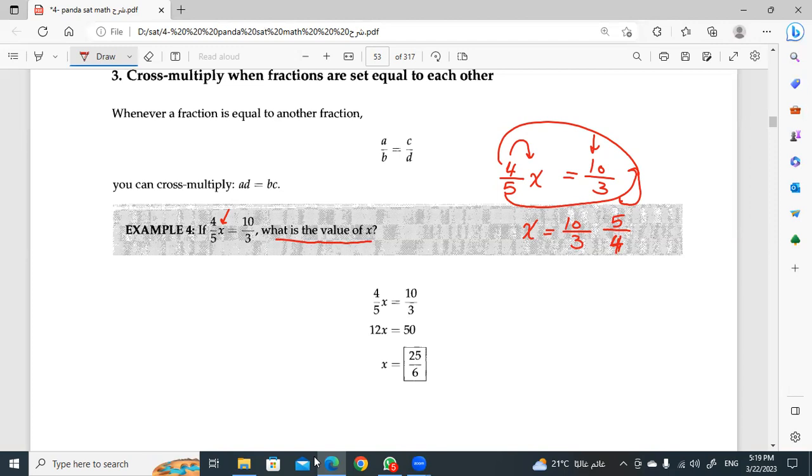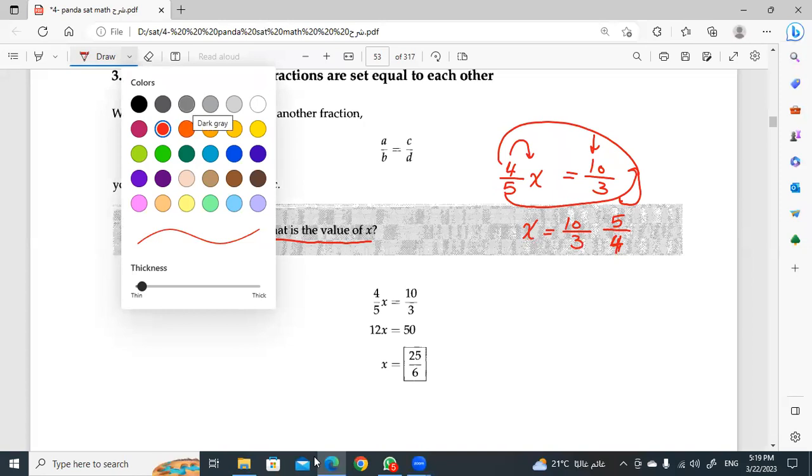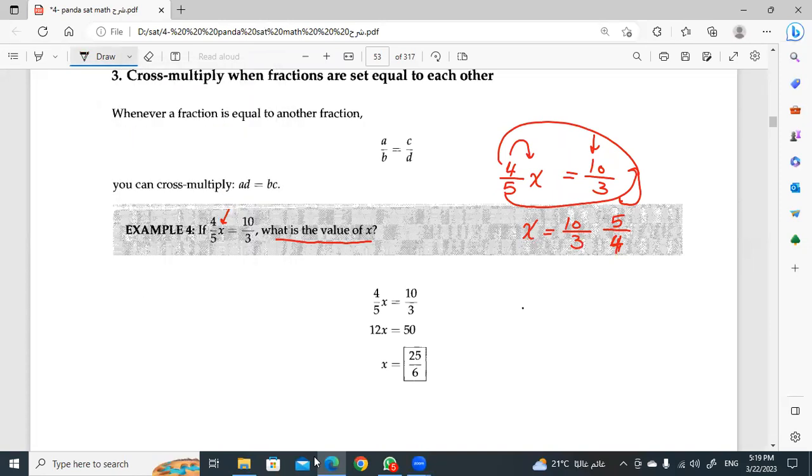By the way, in the SAT, I have to get the simplest form. Okay? So from here, I have even upward and even downward. I can cancel them by dividing. Divide upward the 10 by... 2.